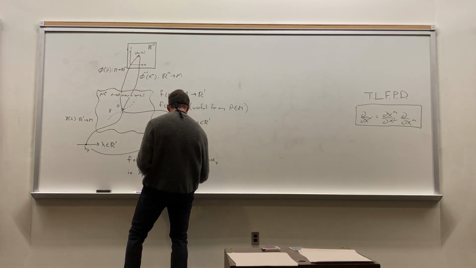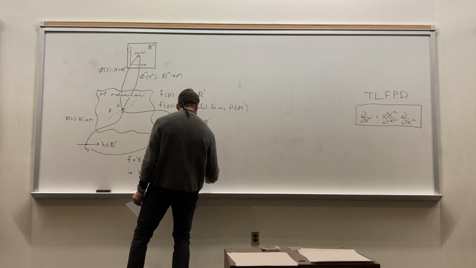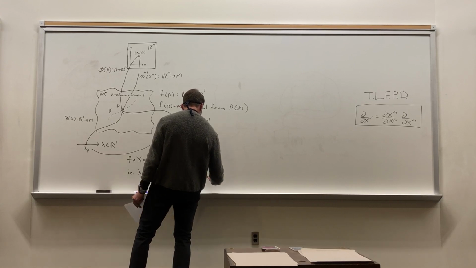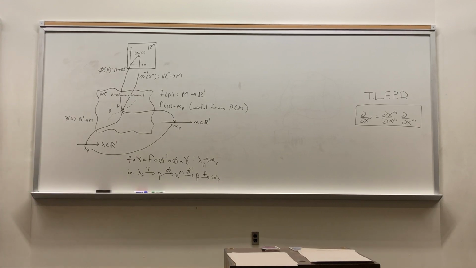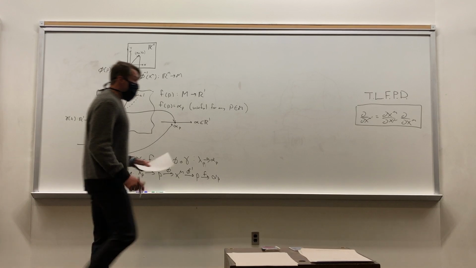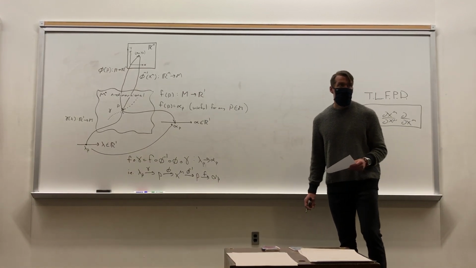And then I phi inverse that back to the point P, and finally map it with F to the point alpha P. Okay? So that's another way of symbolizing this chain of maps. Are you ready? It's going to get a little bit ugly, but the end is going to be wonderful.